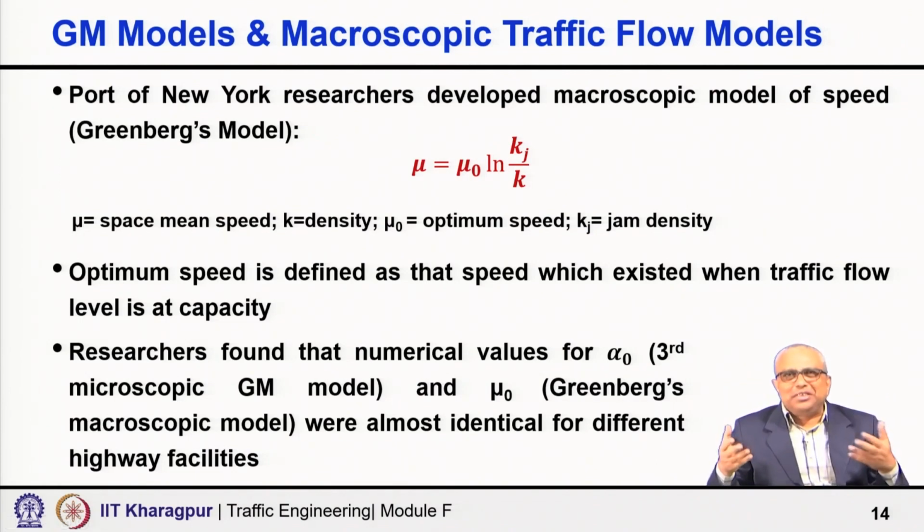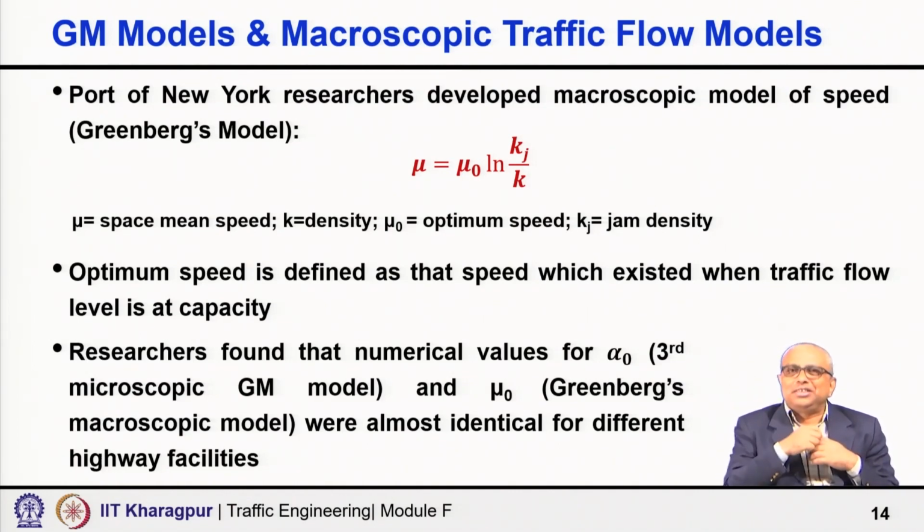The data came, and they compared mu 0 in Greenberg's model and alpha 0 in the General Motors third generation model. These values were almost identical for different highway facilities.